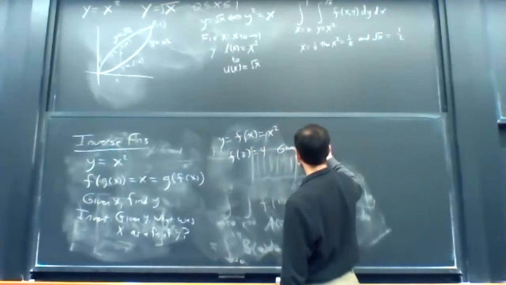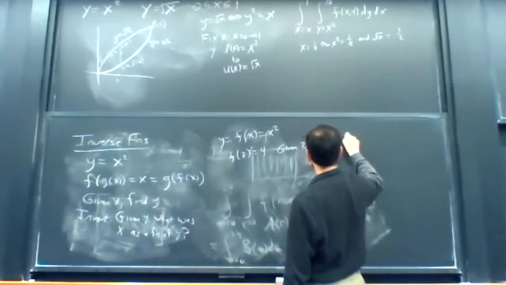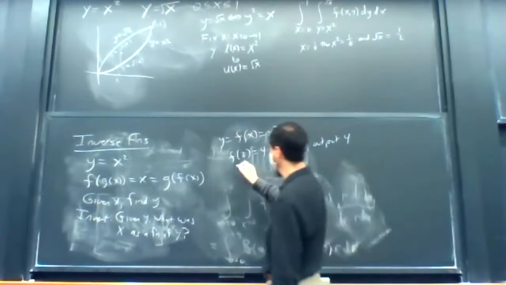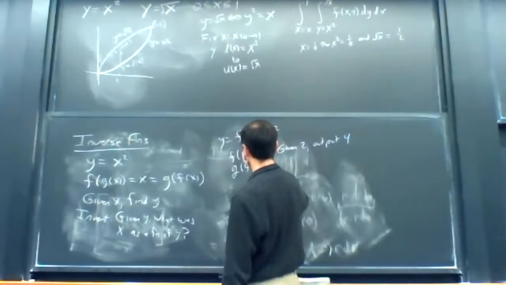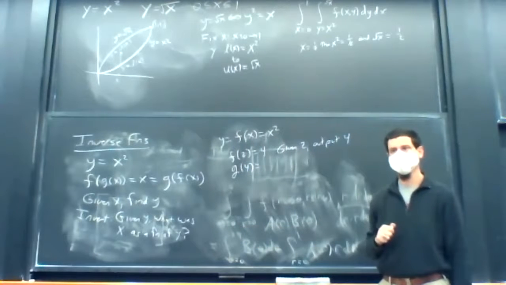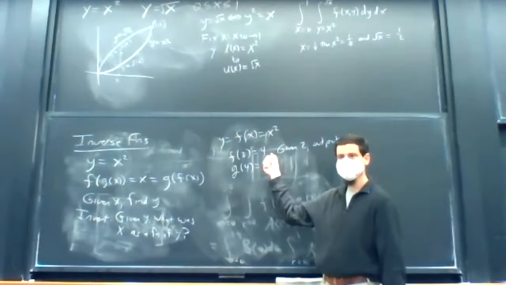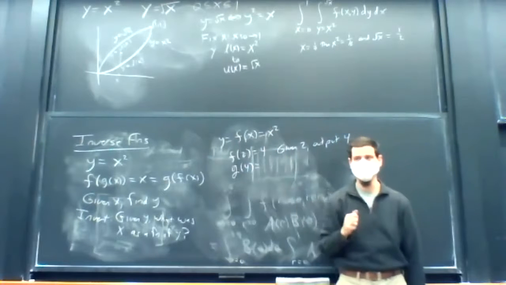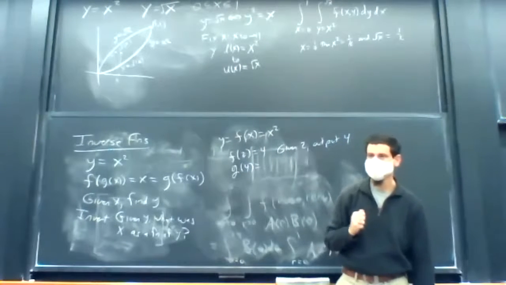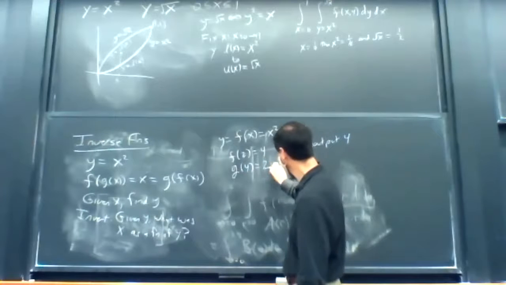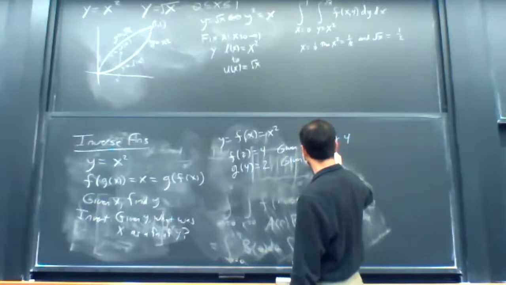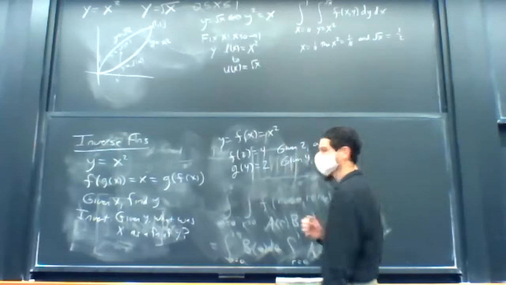So given 2, we output 4. So what should g of 4 be? What should the inverse be? If 2 is sent to 4, what should 4 be sent to invert? It should be sent to 2, right? So given 4, output 2.